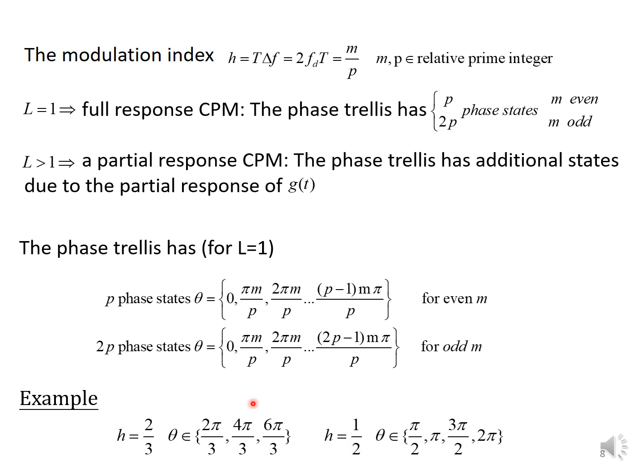And here we have 3 states, so that is P. So we have P states or 2P states, depending on whether M is odd or even. It actually depends on the modulo of 2 pi over h.